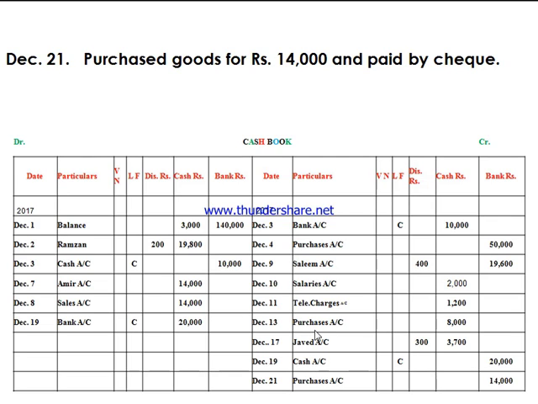There is another transaction of the purchase. The only difference between this purchase and this purchase is, in this purchase we paid cash, hard cash, and in this purchase we paid through the bank by check. Therefore, it will be recorded here.